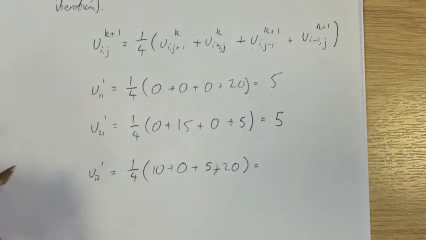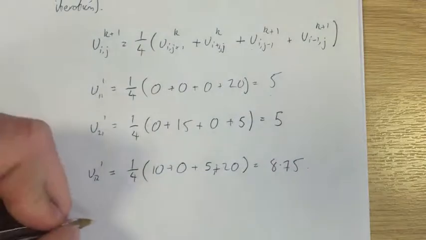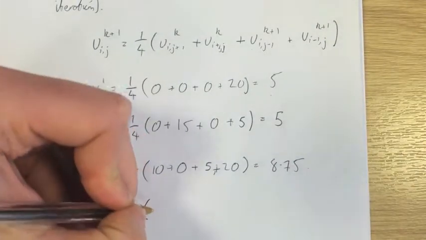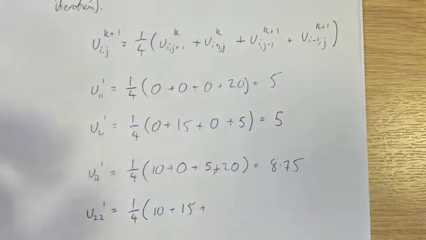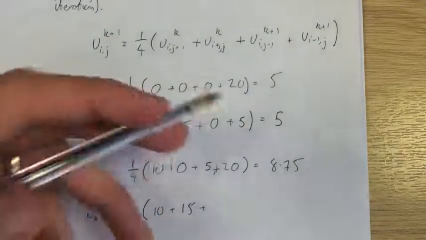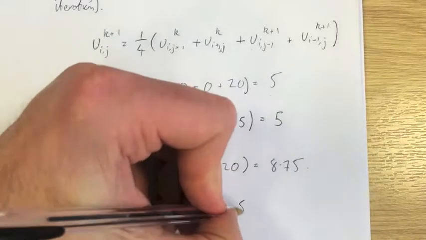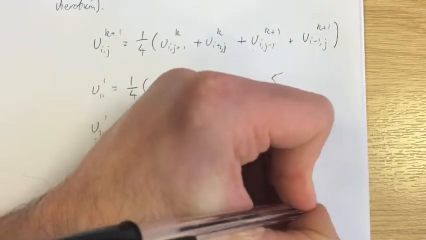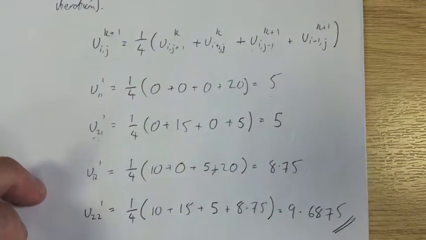So that's a quarter of 35, which is 8.75. And finally u22: the node to the north plus the node to the east plus the node to the south, which is this one here, which is 5, plus the node to the west, which is 8.75, which equates to 9.6875. And that's a single application of the Gauss-Seidel method.